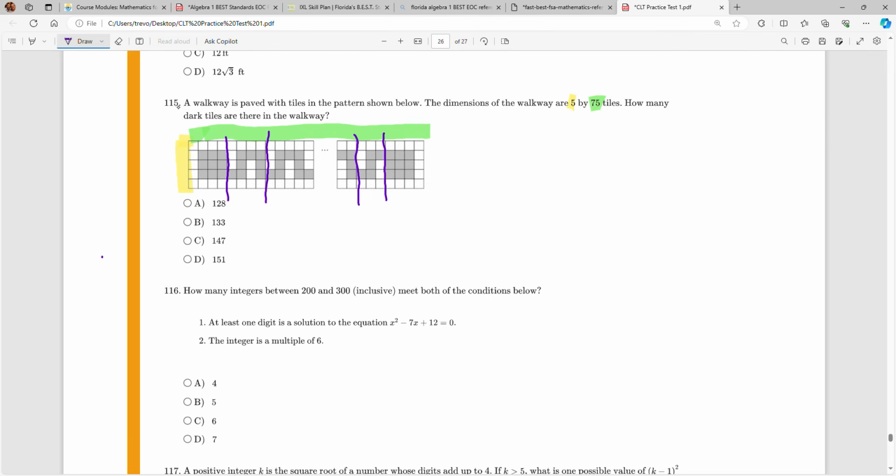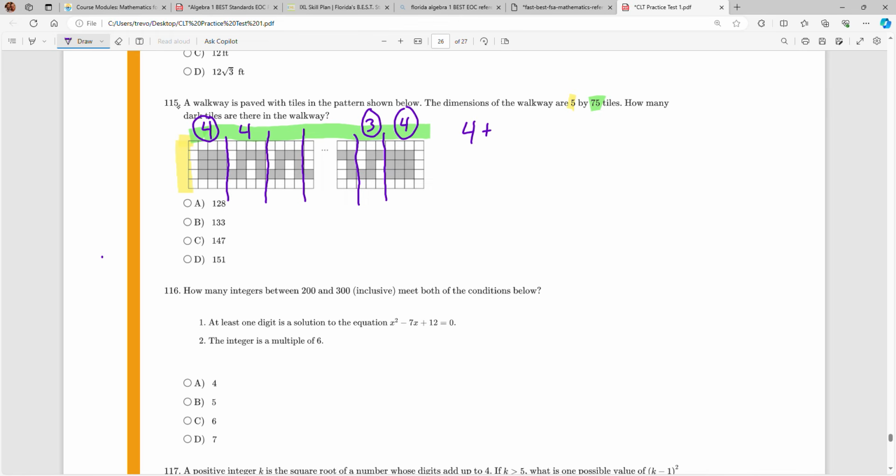So this is repeated how many times? There's 75 total tiles going this way. So we got 1, 2, 3, 4 here, 1, 2, 3, 4 in our repeating pattern, 4 on the end, 3 in this non-repeating pattern. So we have to take these and find out how many times this pattern repeats.